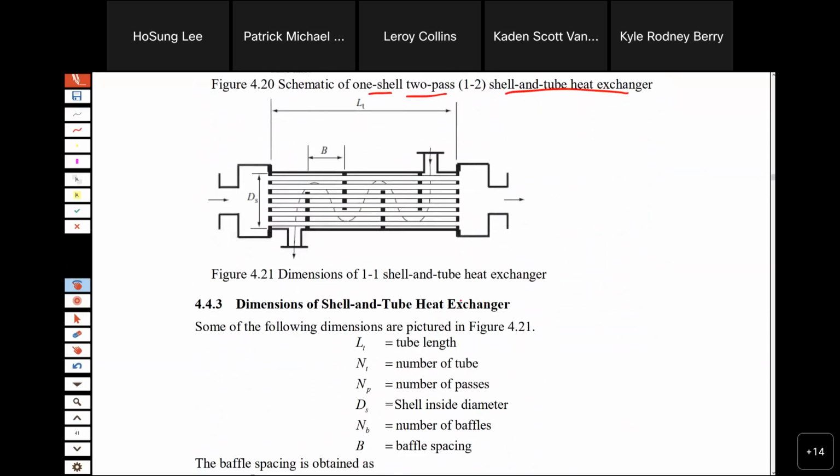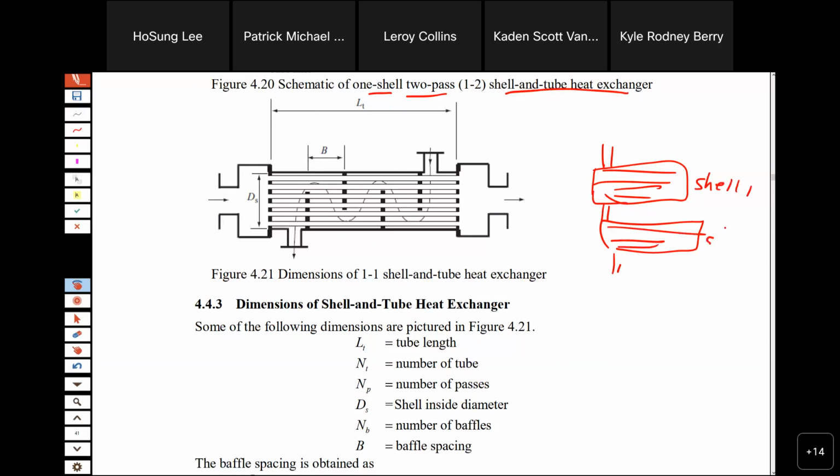This is one shell. The shell means we have a heat exchanger. We can connect them in series. Shell one, shell two, this is a multiple shell.